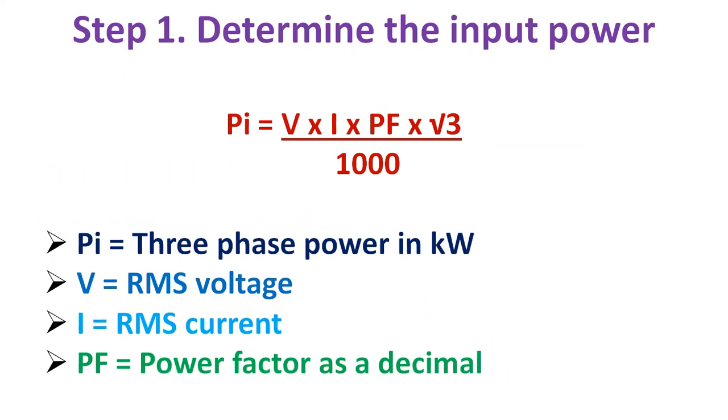It is noted that power analyzers give the power value directly. Industries that do not have a power analyzer can use multimeters or tong testers to measure voltage, current, and power factor separately to calculate the input power.